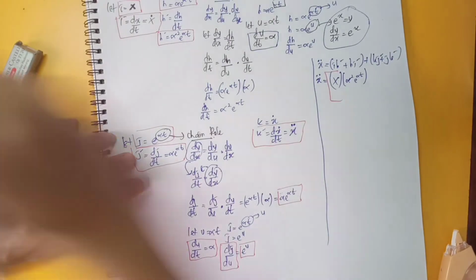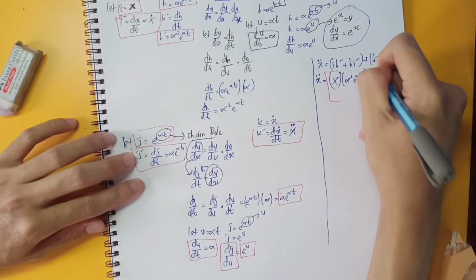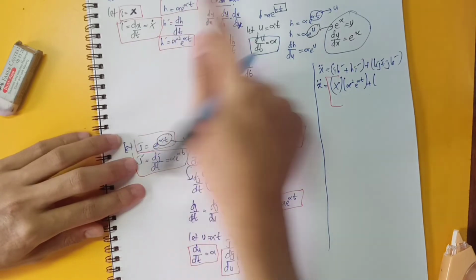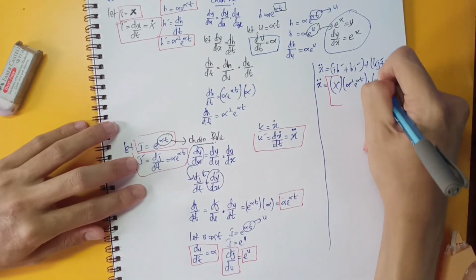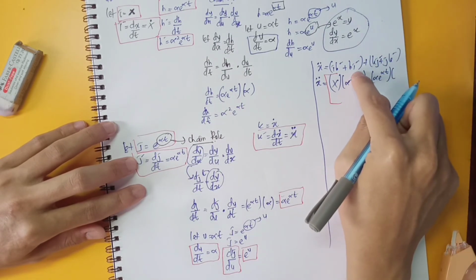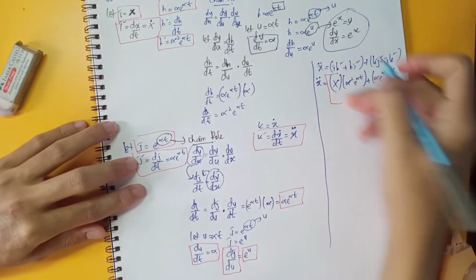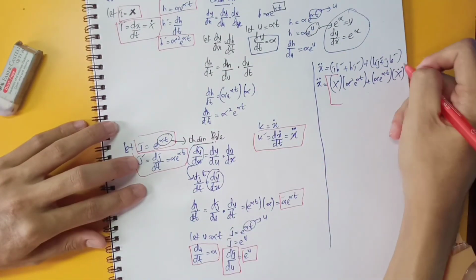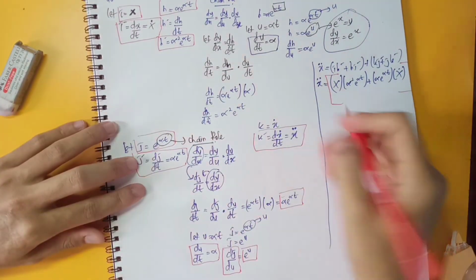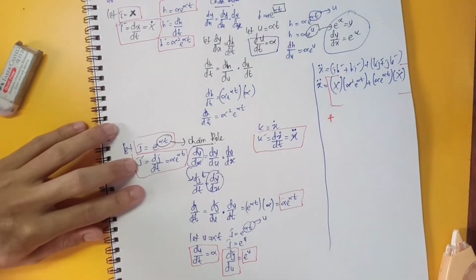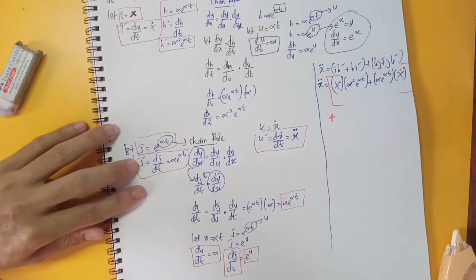And then plus the h, which is alpha e exponent power of alpha t, times the I prime, which is x single dot. So this is the first row. Now let's look at the second form.